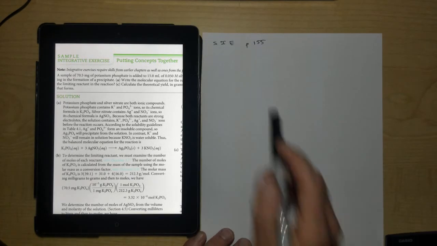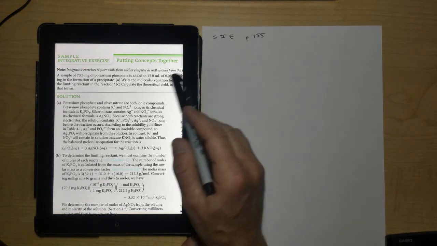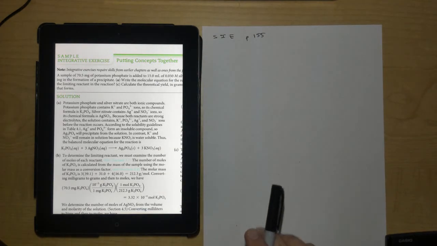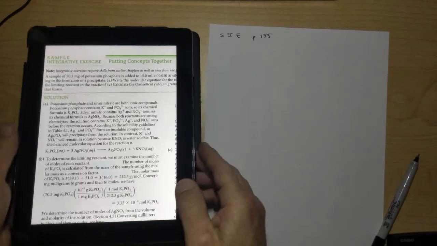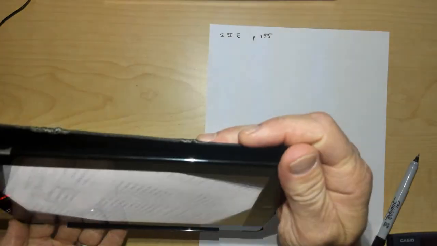It's a long, challenging problem that's got limiters in it and a few other questions as well. All right, I'm going to turn this sideways so we can see the whole problem, hopefully.